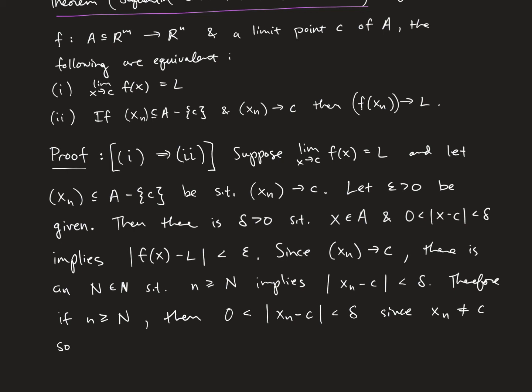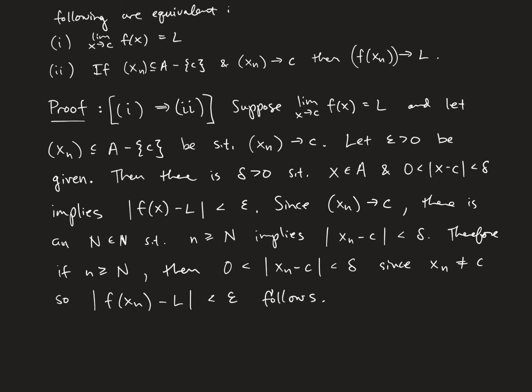So the distance between f of xn and L less than epsilon follows. Okay, so thus we have an n response to the given epsilon. And so that completes the first part of the proof.